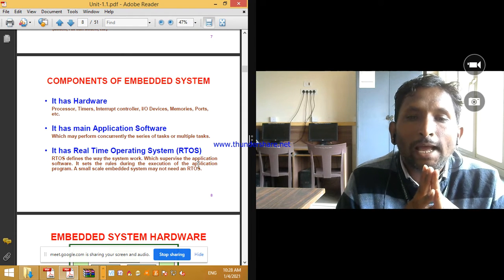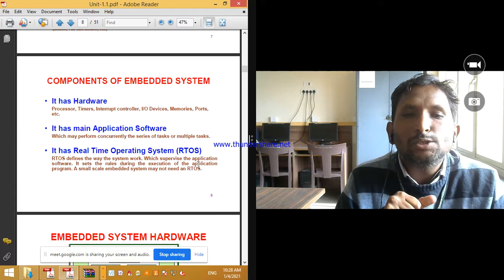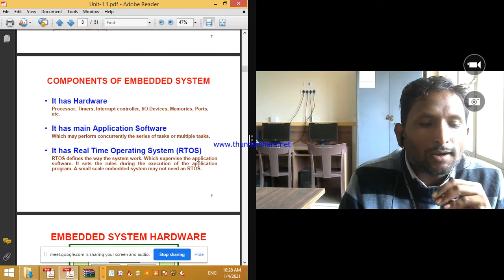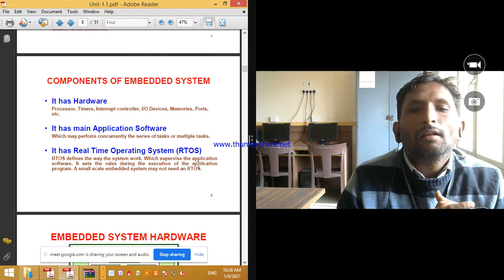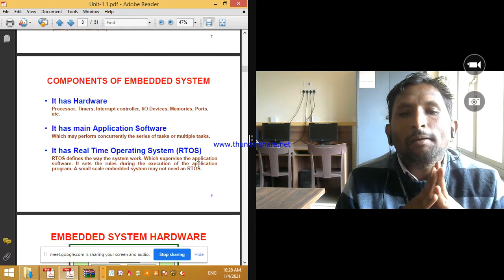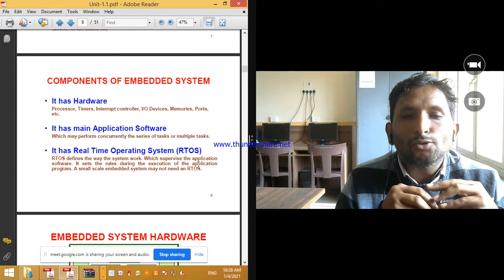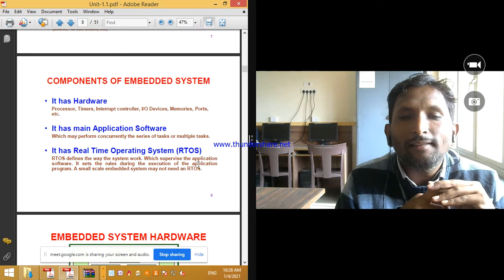Then input and IO devices, memories, ports, too many things are required as the hardware part in an embedded system. Next, it has main application software which may perform concurrently a series of tasks or multiple tasks.